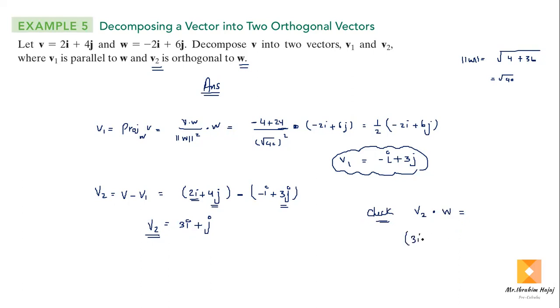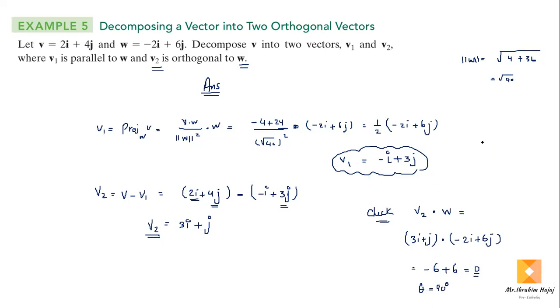V2, which is 3i plus j, multiplied by negative 2i plus 6j: negative 6 plus 6 equals 0. So it equals 0, which is correct, and it is orthogonal. Since the dot product of V2 and W is 0, the angle is 90 degrees.